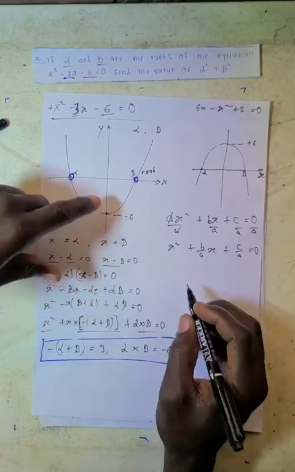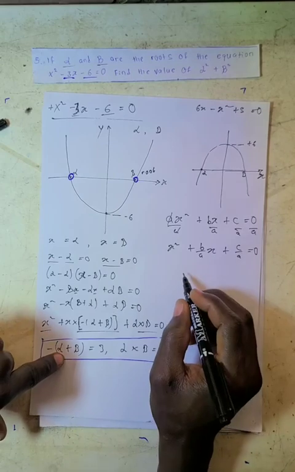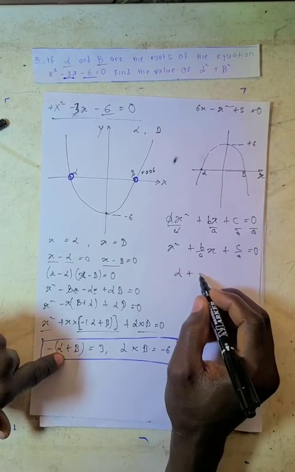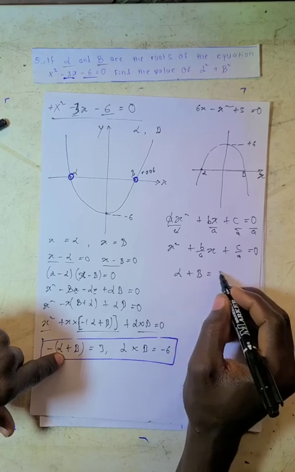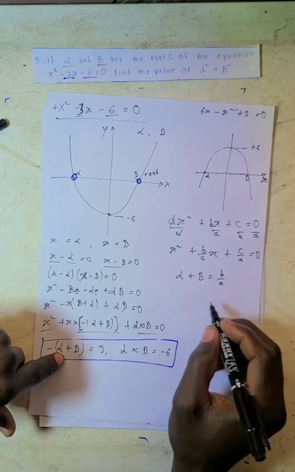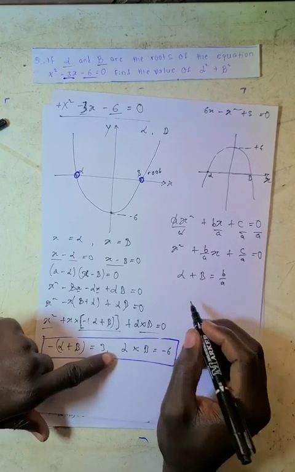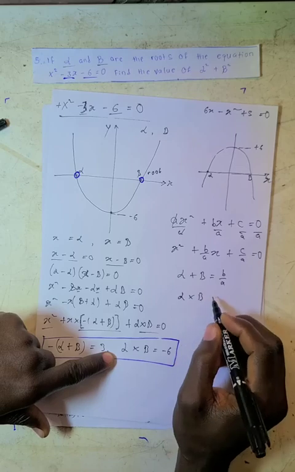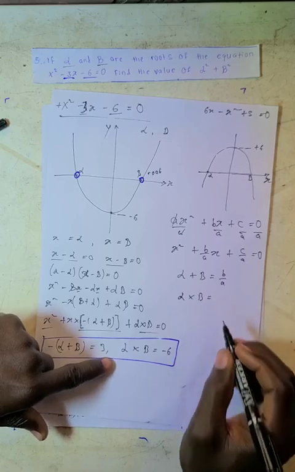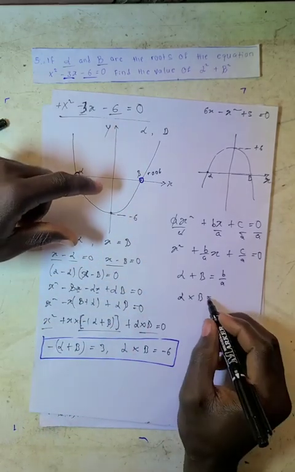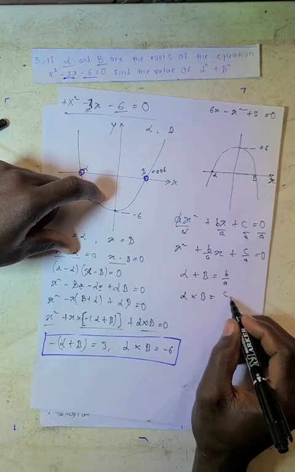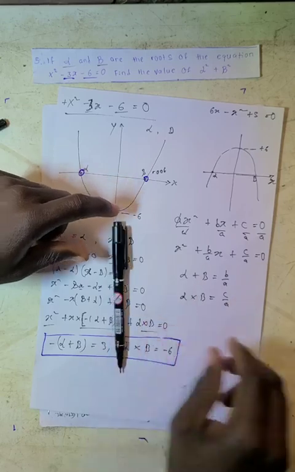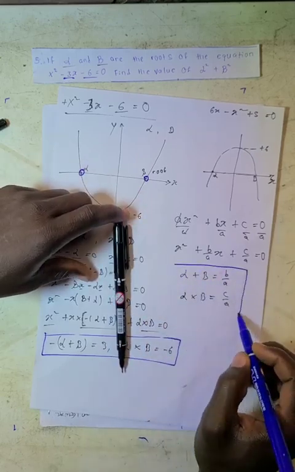So we can as well say that our alpha plus beta is equal to -b/a, and then our alpha times beta is equal to c/a. Very important.